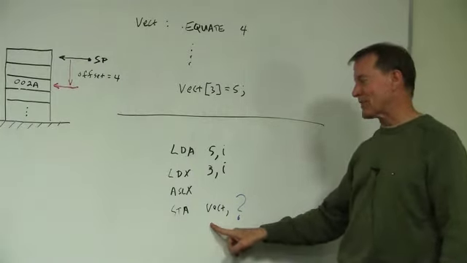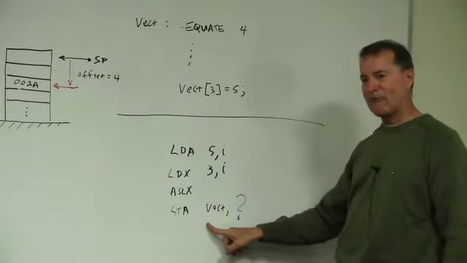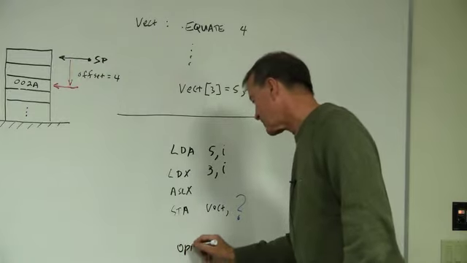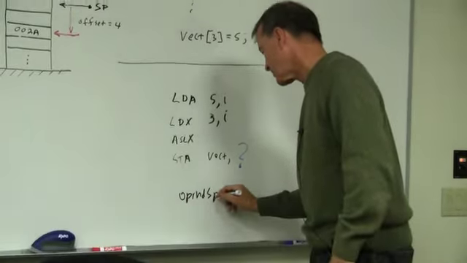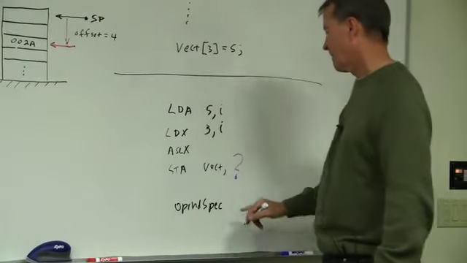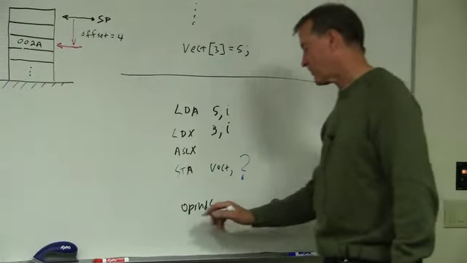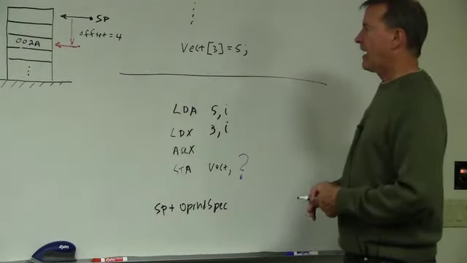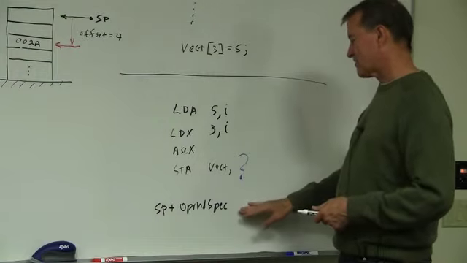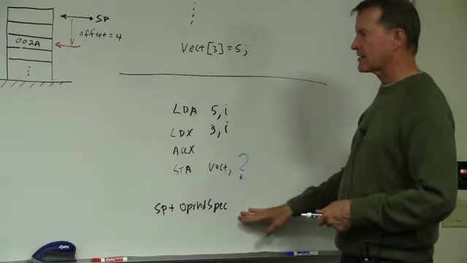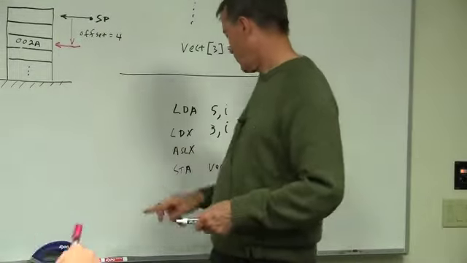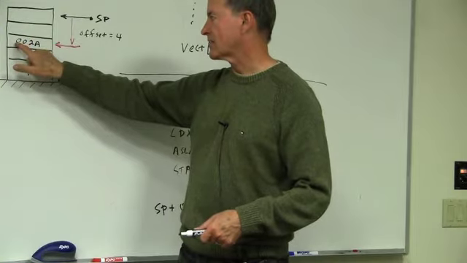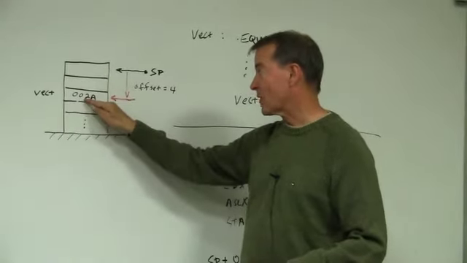What we have to do is take the stack pointer and add that 4 to it, right? So 4 is the operand specifier, and what we have to do is add the stack pointer to it. So here, SP plus the operand specifier. Now what is that quantity, SP plus operand specifier? That's the address of where the 002A is, right?